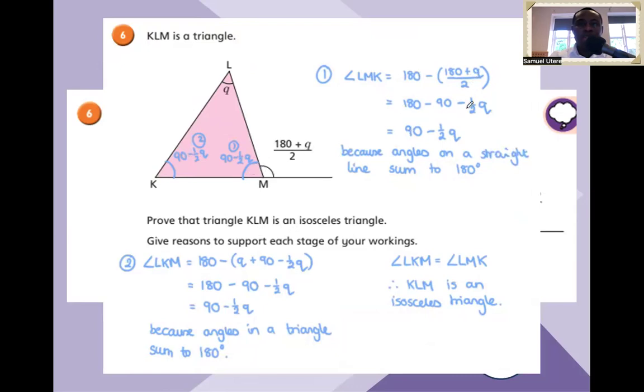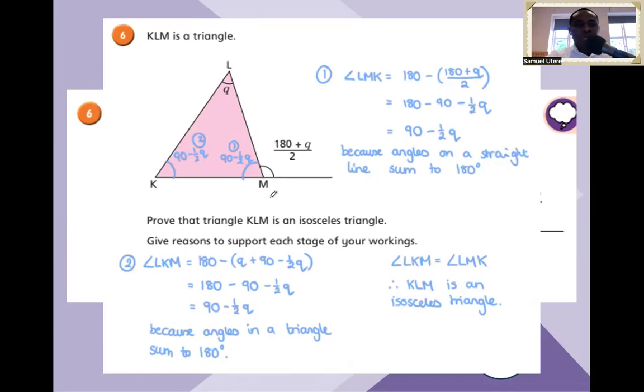So this is the expression for this angle. So 180, remember when you write a fraction like this, the 2 is dividing the 180, and it's also dividing the q. So we can rewrite it as 180 minus 90 minus half q. Now, why? Because angles on a straight line sum to 180 degrees.